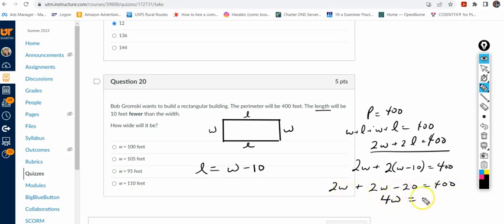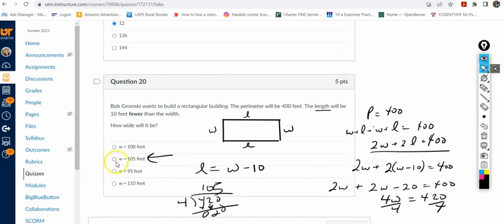And I'm going to add 20 to both sides. And then I'm going to divide both sides by 4. And I'm going to get the width. Okay, so 105. Okay, and that completes this test, my test bank for test 4.